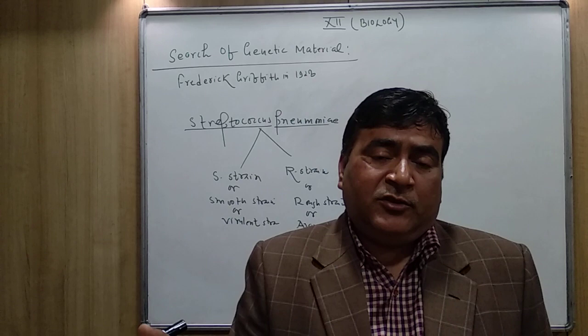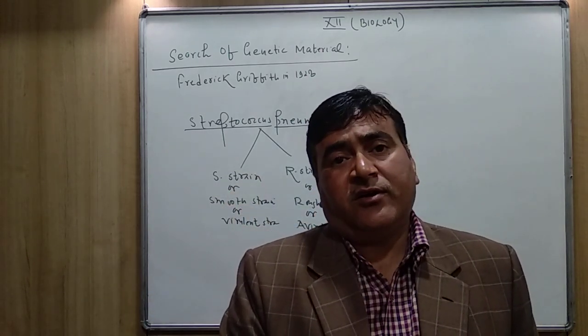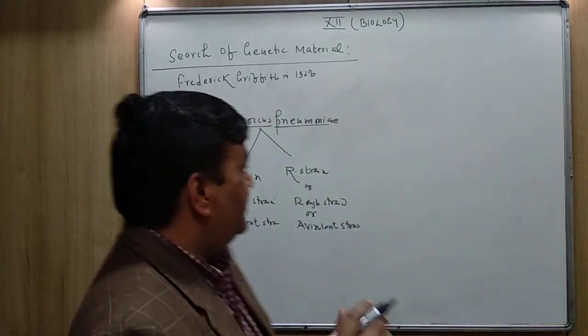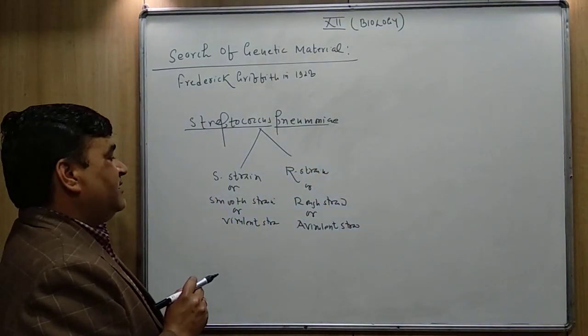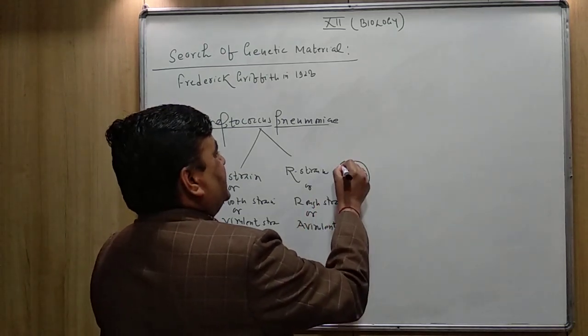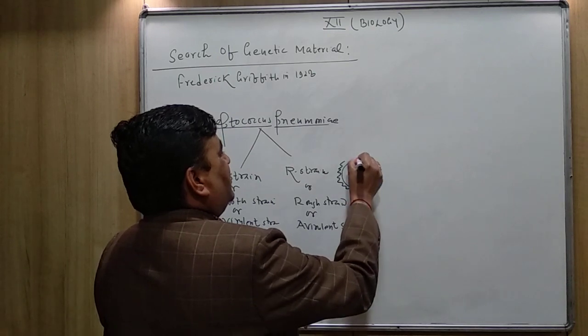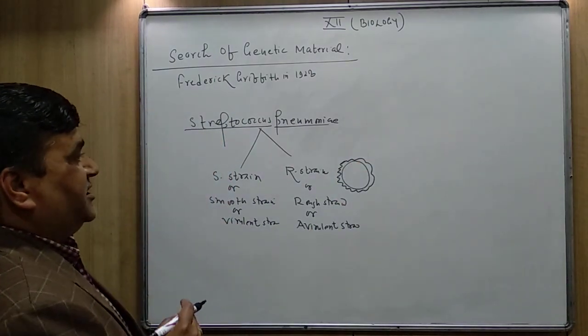The bacteria having the smooth surface, he called the S strain. S stands for smooth strain. And the bacterial colony in which the surface was very rough, he called the R strain.